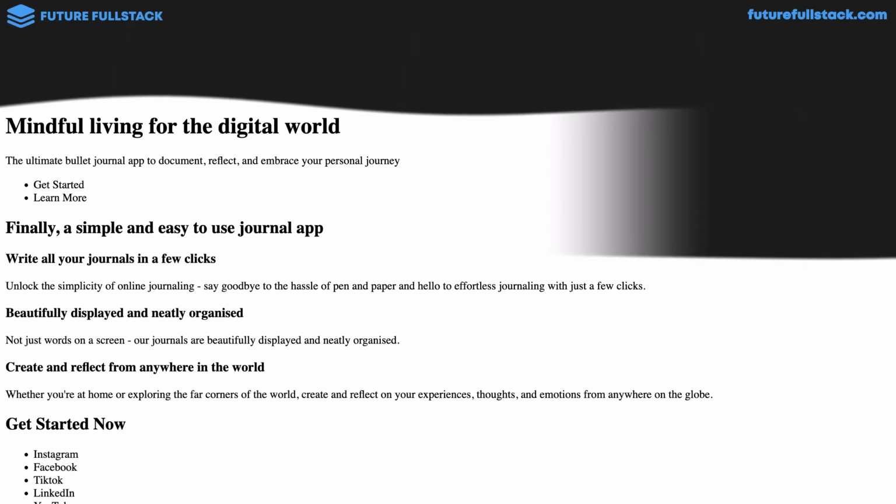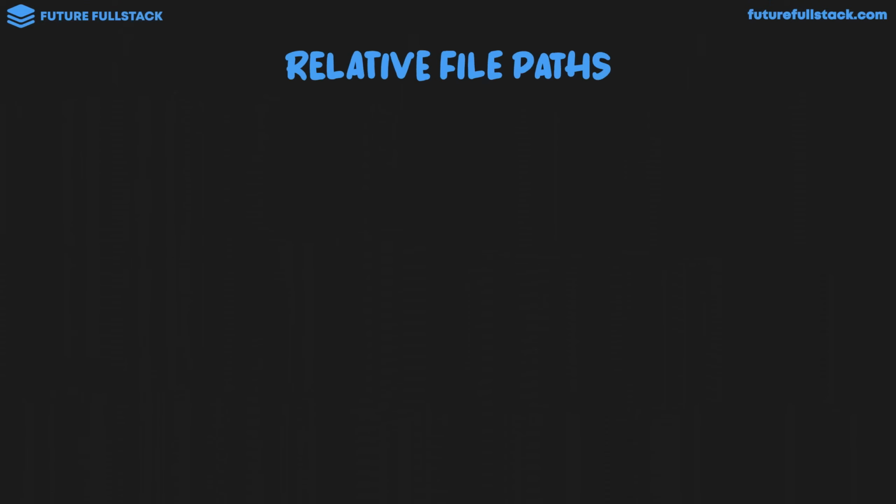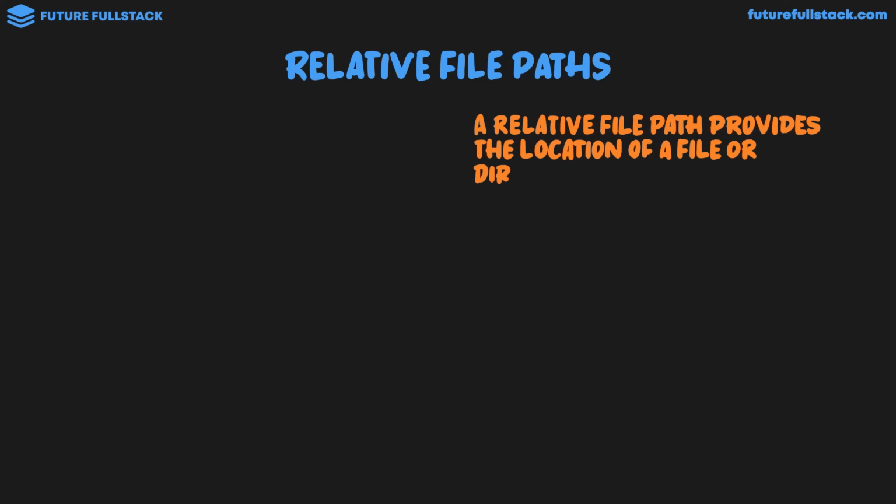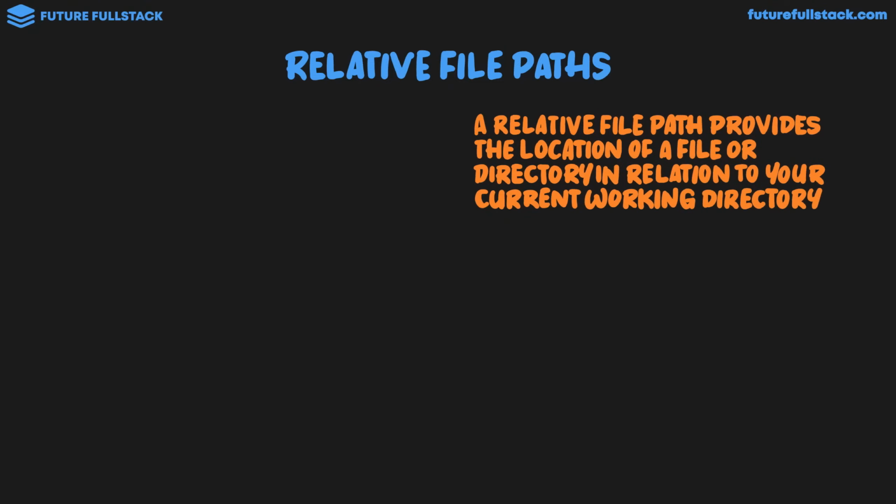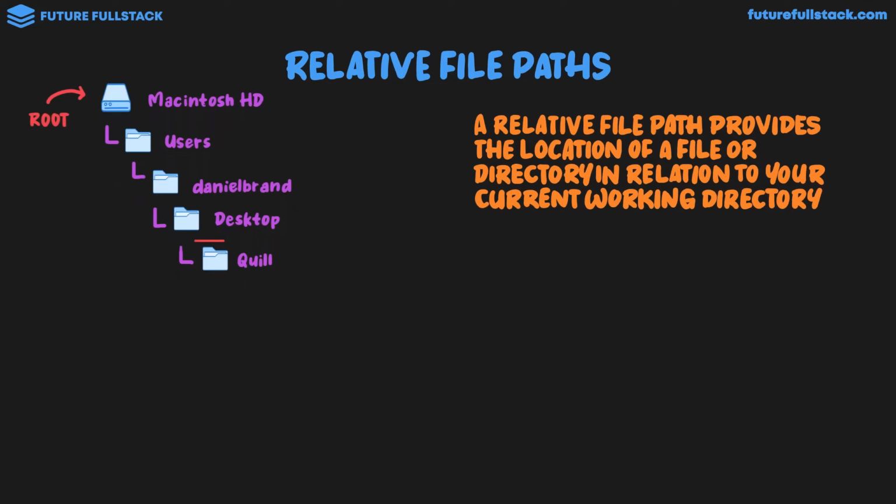More commonly used in web development are relative file paths. A relative file path provides the location of a file or directory in relation to your current working directory. Okay, so new word here, current working directory. What is that? In our case, the main Quill folder is our current working directory.